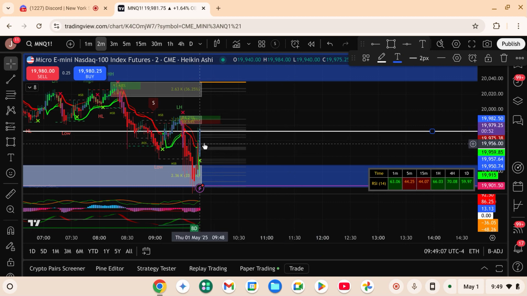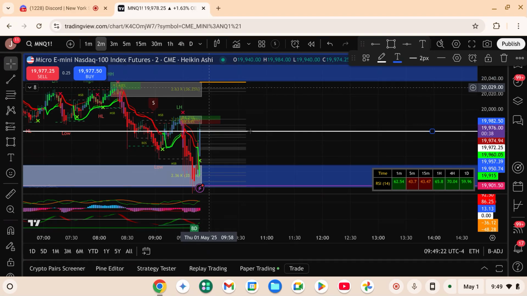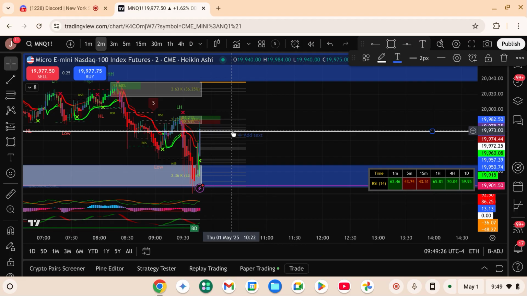So we'll let this one close and see how the next one starts to open. If it looks bullish, we'll take longs and we'll target this 20,037. Only if this one closes bullish and the next one opens bullish.